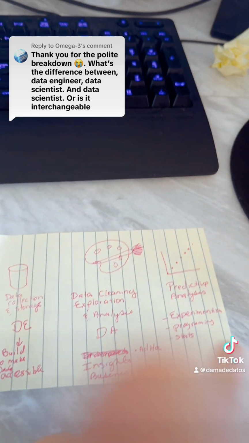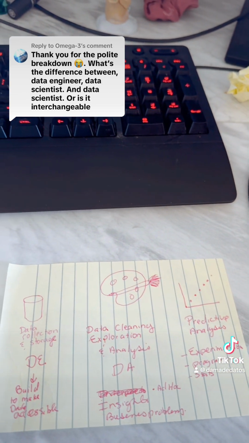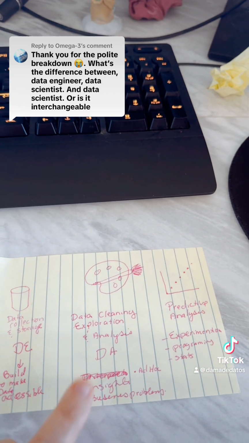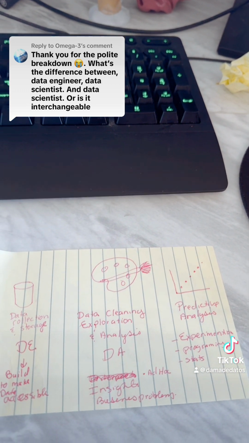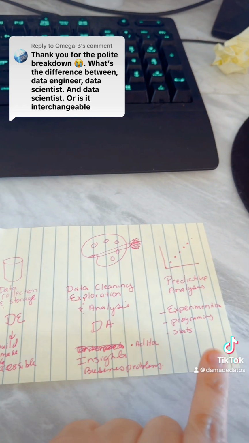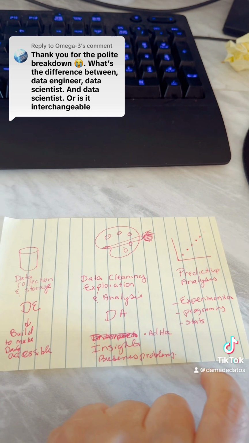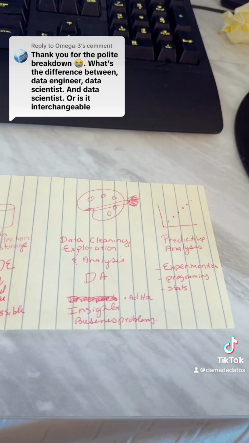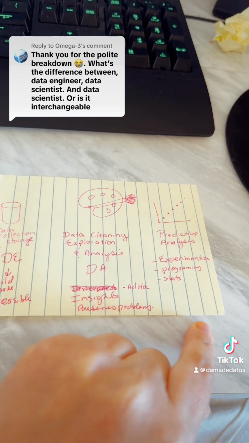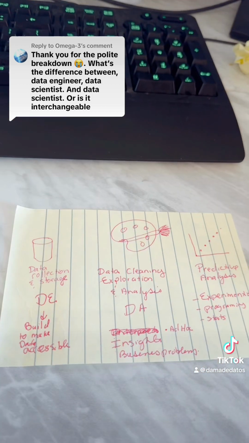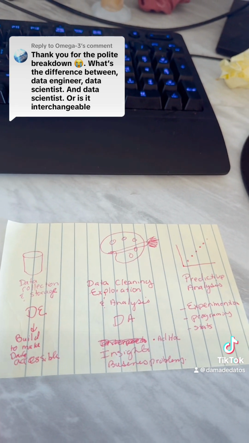A data scientist would be focused more on experimentation, have different levels of programming, which again, these two could mix, and they would have higher level stats. A lot of the times that I've seen, there would be a lot of master's or PhD level people in data science. So for this role, you'd probably be doing more machine learning, more statistics, more heavy on the math. Depending on where you go, there would be different skills you need.